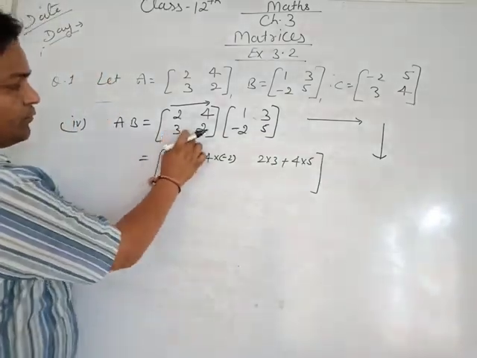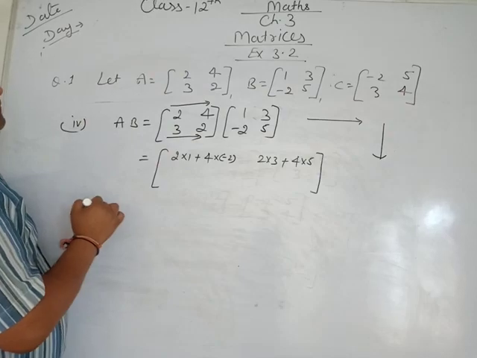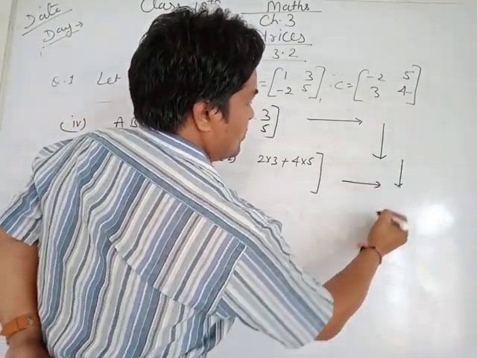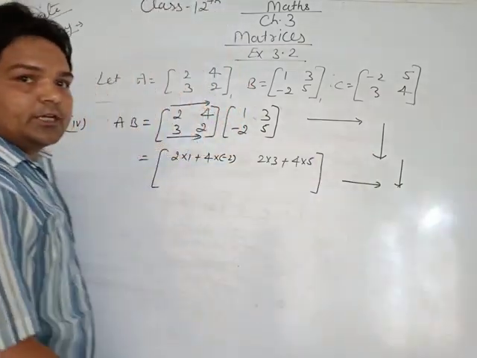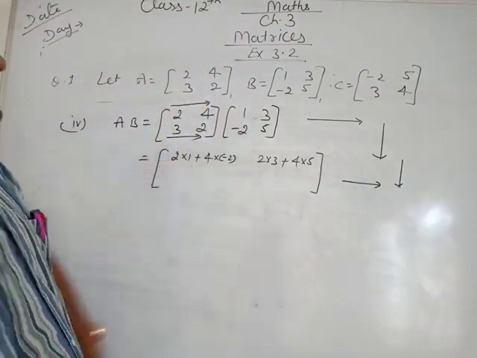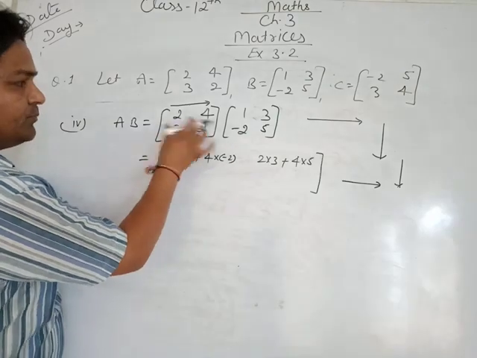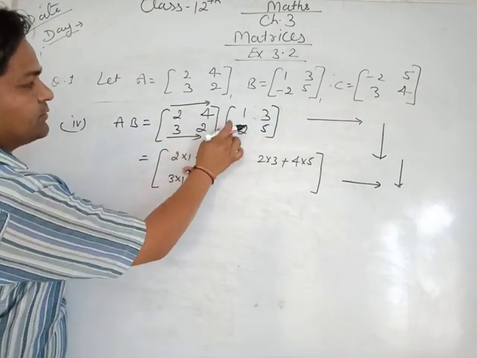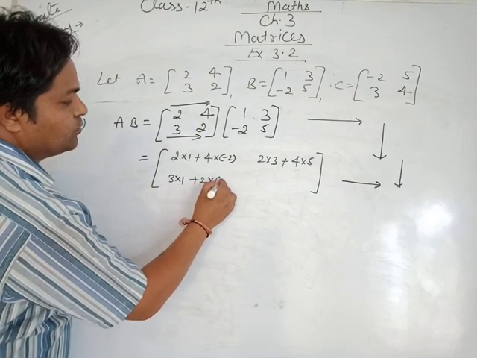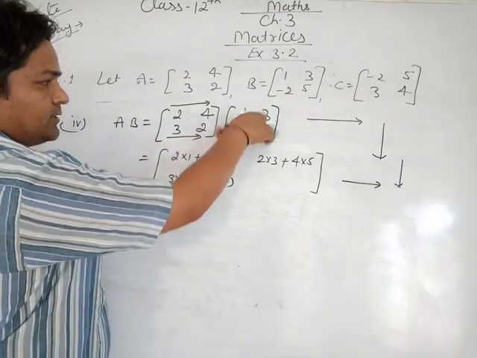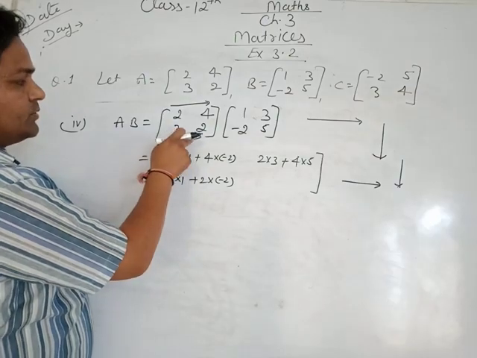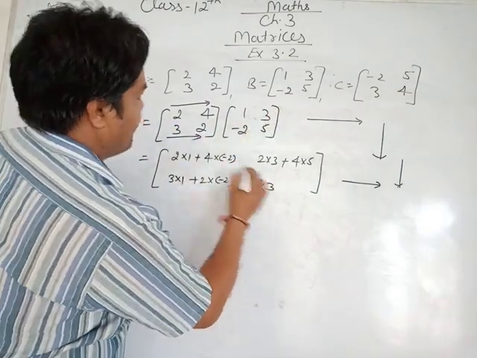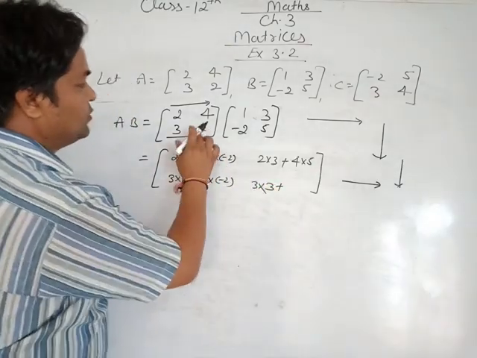Take the second row and take the first column and again the second column of matrix B. So now, same procedure: 3 multiply 1 plus 2 multiply -2. Take the second column and the second row: 3 multiply 3 and plus 2 multiply 5.